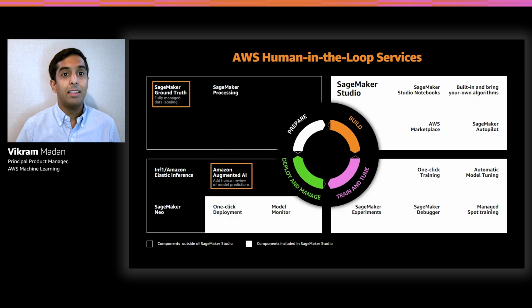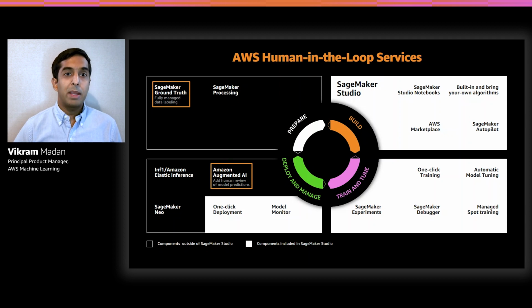Once you have a data set, then you move into the build stage. And this is where you choose an algorithm or you build an algorithm that is specifically required by your use case. Once you have an algorithm and you have your data, you're now ready to train a model. And basically, you can fine-tune this model to achieve the accuracy level that you require for your use case. Now, once you have a trained model, you're ready to deploy this into production and integrate it with your specific application business logic.